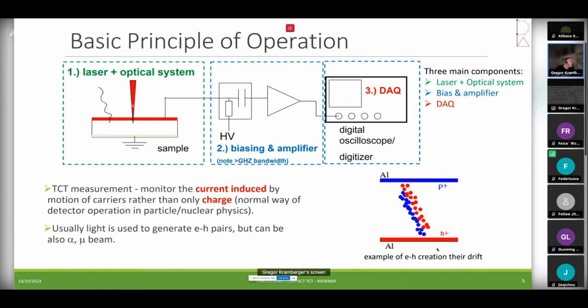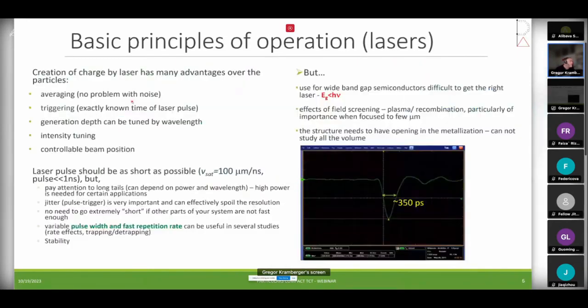I will show you one example of that. Or you can use the microbeam. And there are plenty of examples, but I will not show them today. And then you get basically the same thing. Like I said, the TCT that we are looking at today uses laser, and as you can imagine, laser has many advantages over the particles.